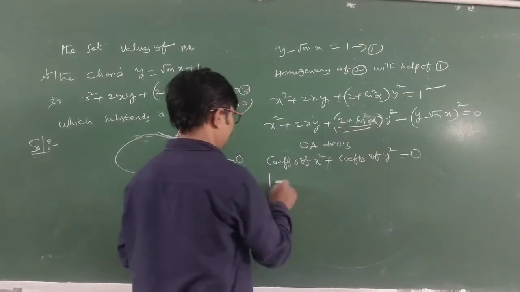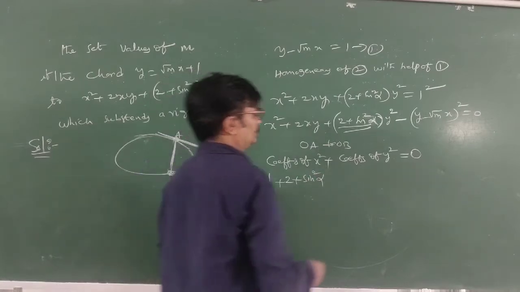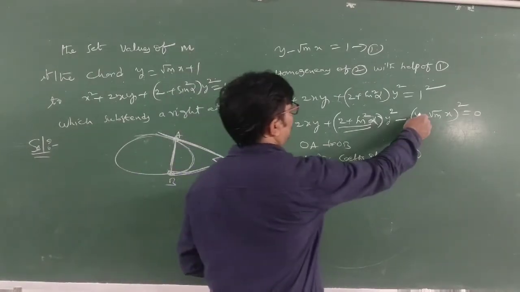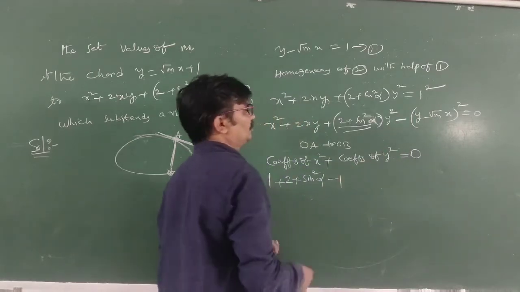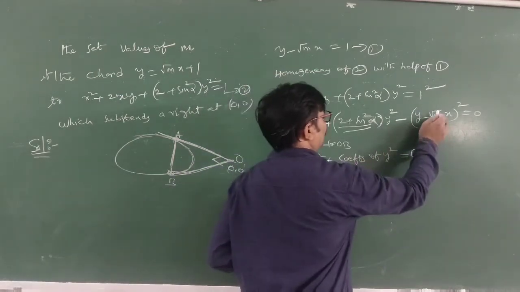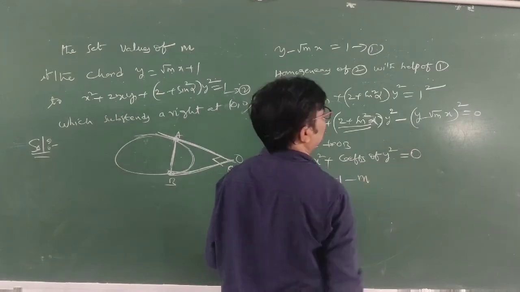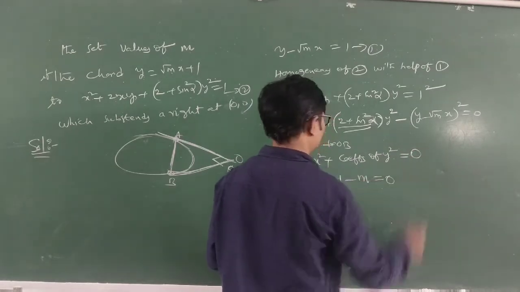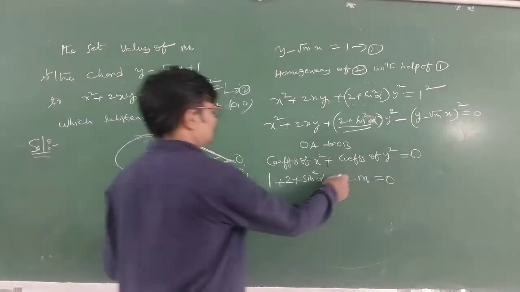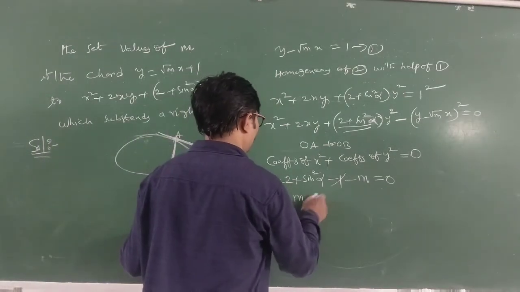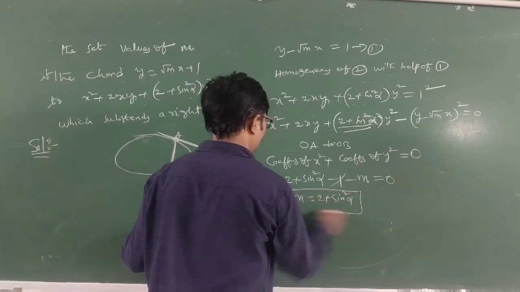So the y square coefficient is 2 plus sine square alpha. Here, in y minus root m x whole square, the x square coefficient is minus m. So this is m. Okay, 1 cancels, so m equal to 2 plus sine square alpha.